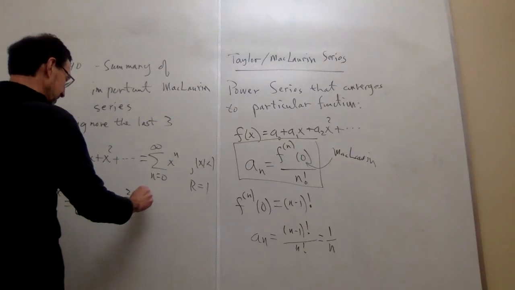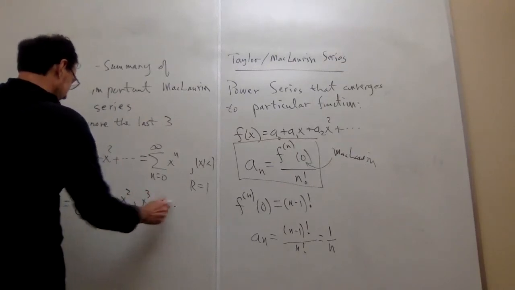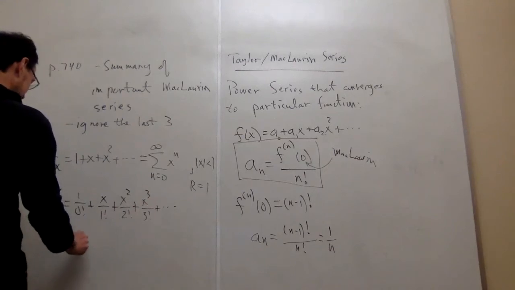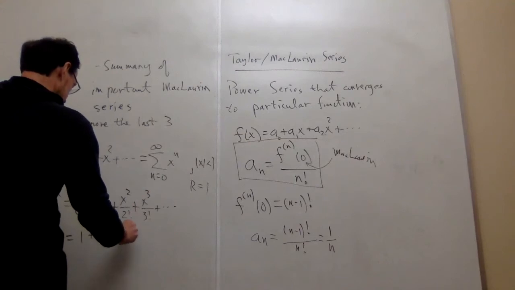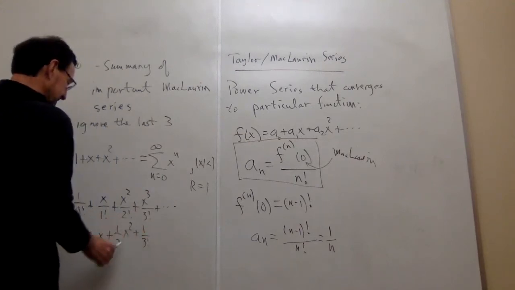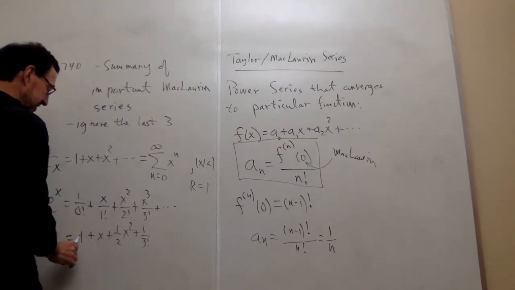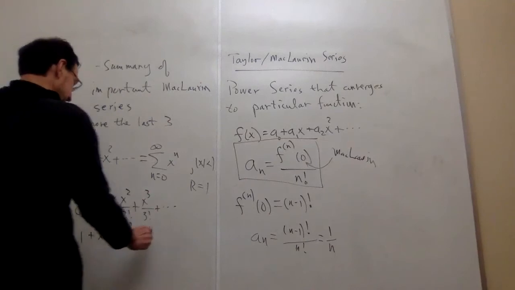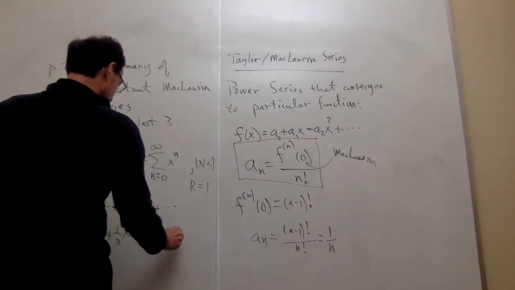You need to get up to the third one before the factorial does anything. And now let's clean it up. 1 plus x plus 1/2 x squared plus 1 over 3 factorial x cubed plus so on. First, 2 factorial is 2, 1 factorial is 1, 0 factorial is 1, so the constant term is 1.